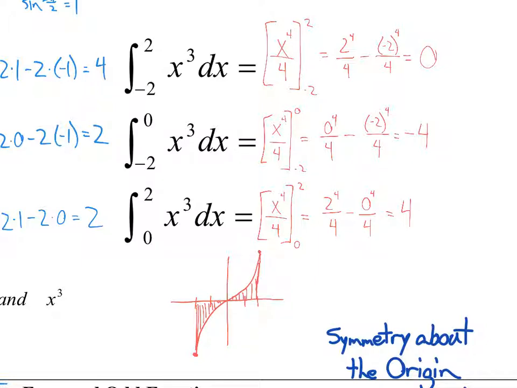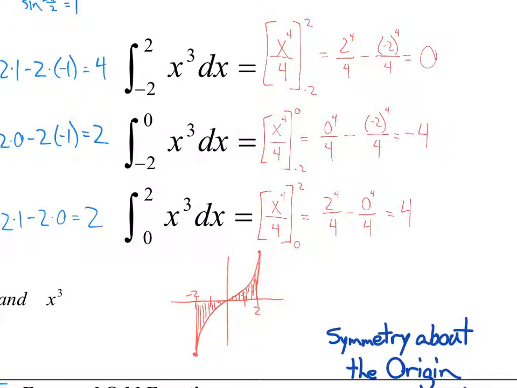Now understand, when we're just doing an integral from negative 2 to 2, we're getting a net area, not a total area. So the area below the x-axis cancels out the area above the x-axis, and it all goes to 0.